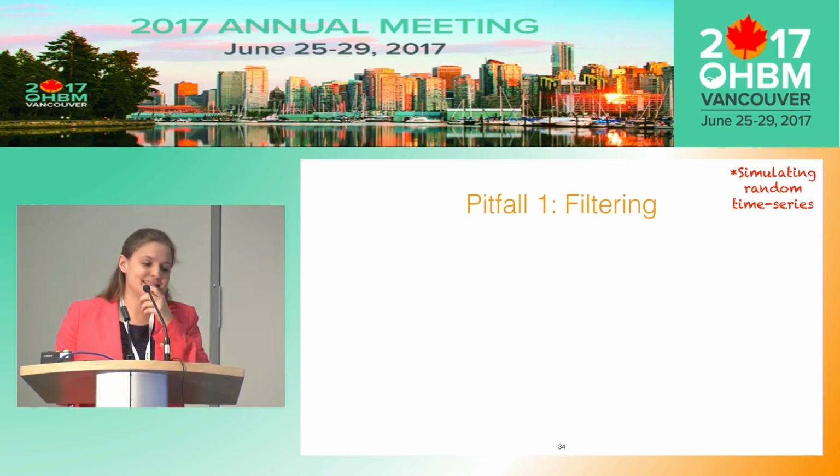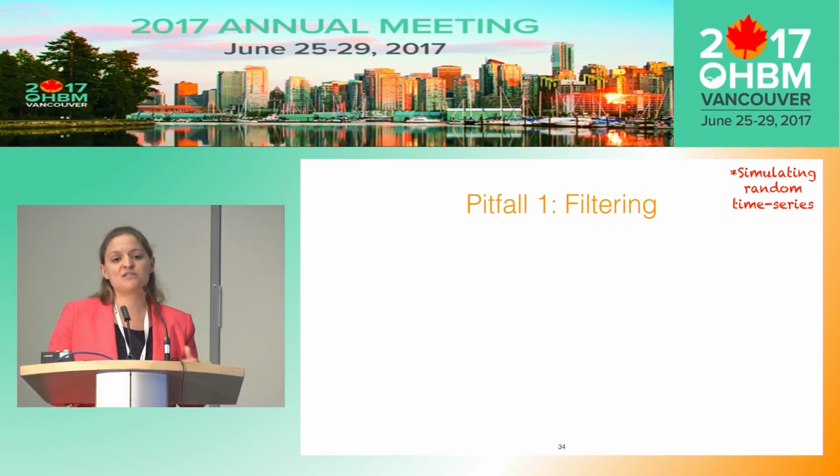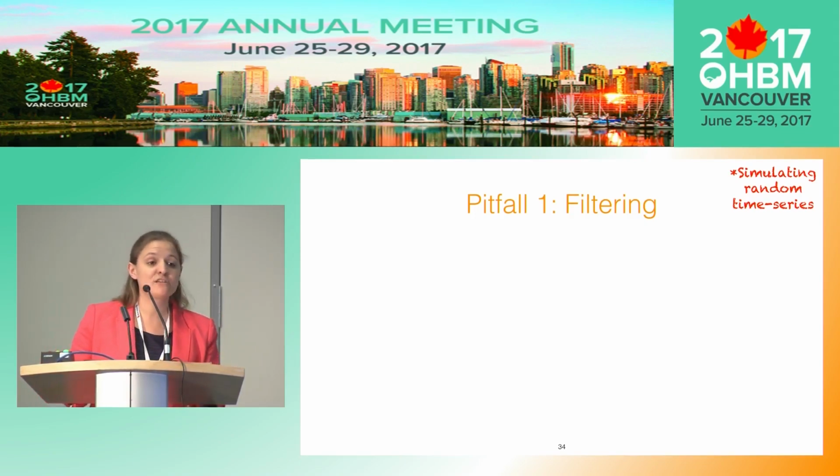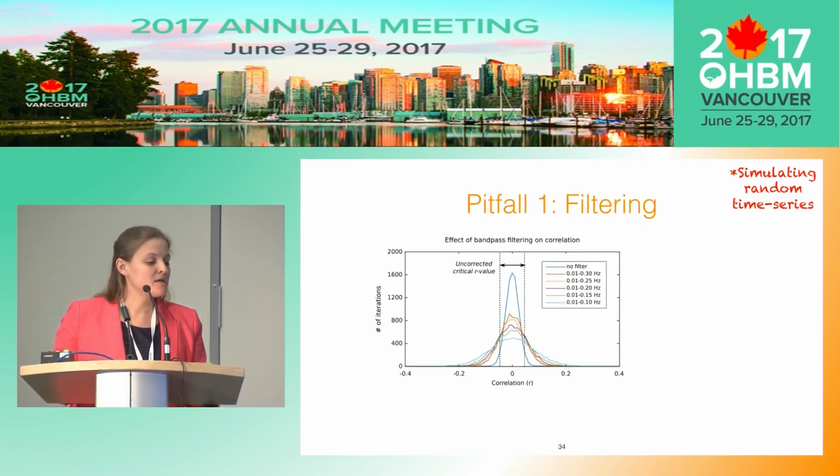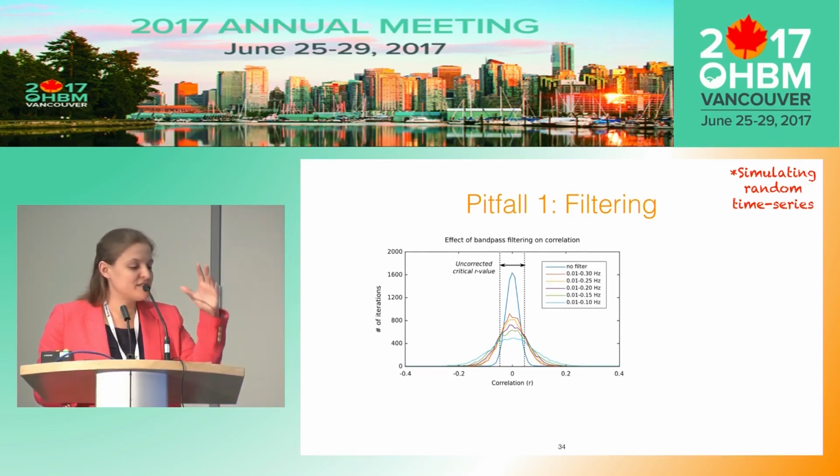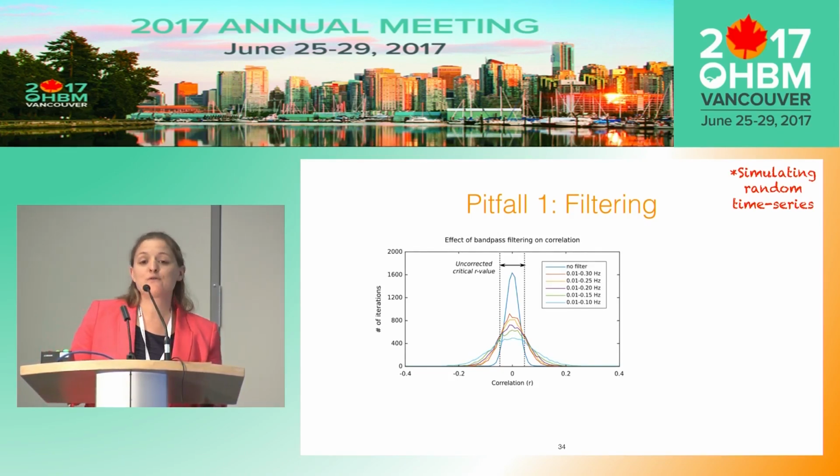So the way I looked at this again was by getting a sense for what filtering does. I simulated some data, just white noise time series, and looked for correlations between them. Here in blue, that center, nice, normal Gaussian distribution is what you get if you don't filter anything and you just have randomly generated time series: a distribution of correlation values between them.